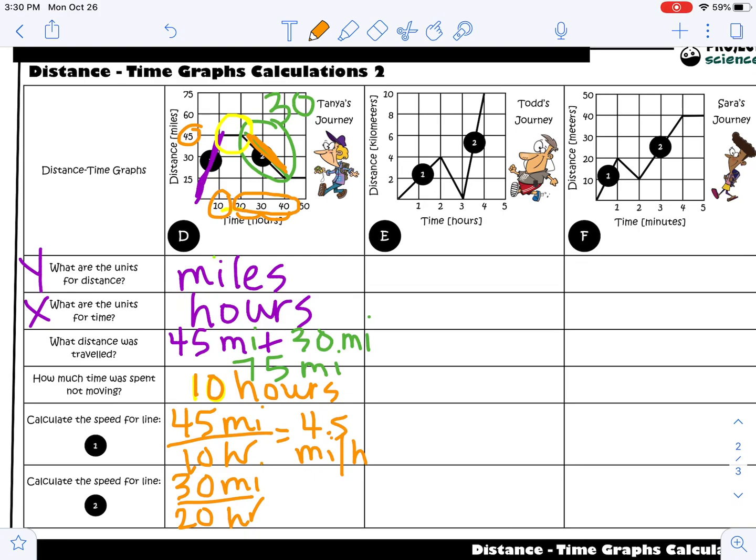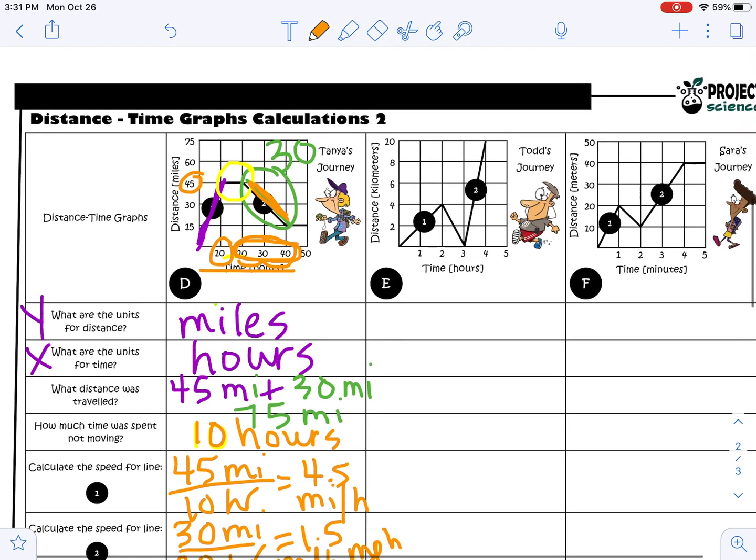My time on that would be 20 hours, not 40 hours, because it's not the whole time, it's just from this right here. So 30 divided by 20, let me put that into my calculator, equals 1.5 miles per hour.